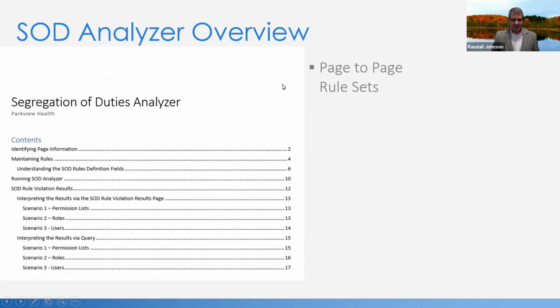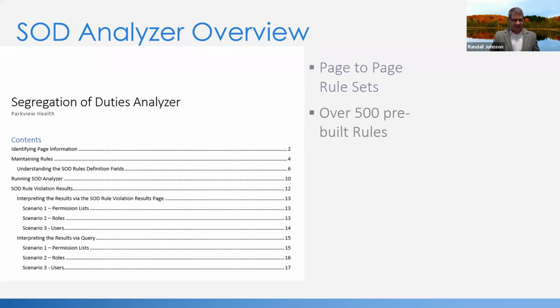Our rule sets are page versus page, because these are the things that should not coexist or should be evaluated as a risk if they do coexist. It's the page access that creates the violation. So our rule set, and you'll see this in a second, is based on comparing one page versus another, and what we understand through industry best practices should not coexist together.